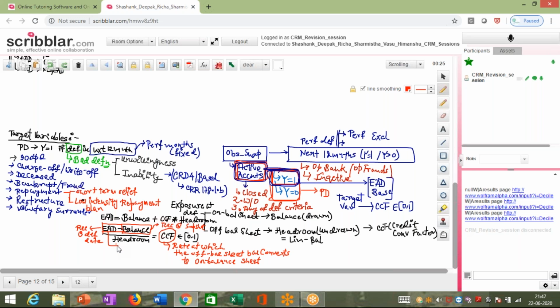So the EAD minus the balance shows the additional drawings that the person has done, right? Before the default, so from the snapshot to the date of default, additional drawings that have been done.